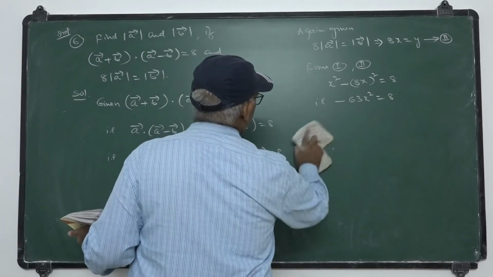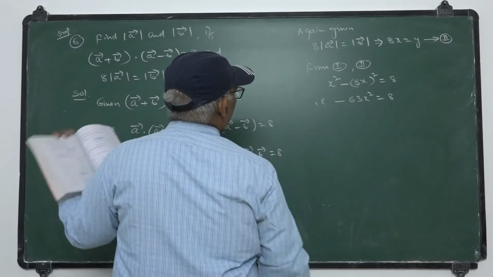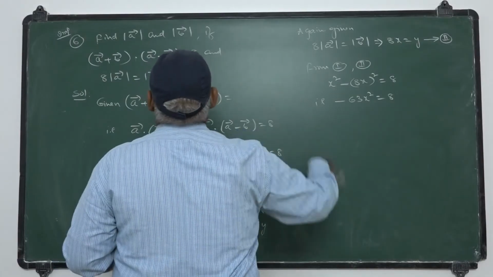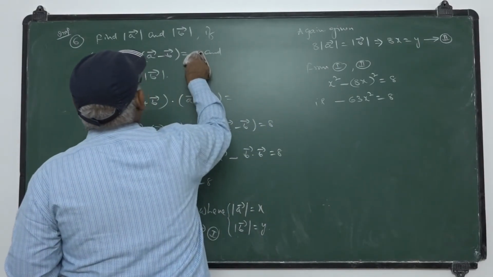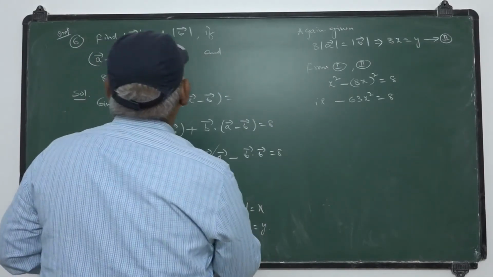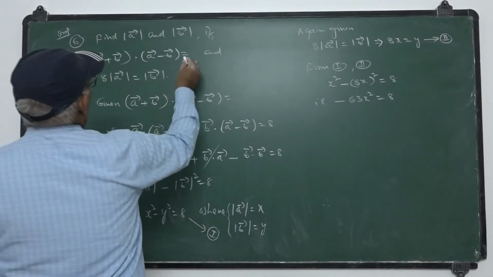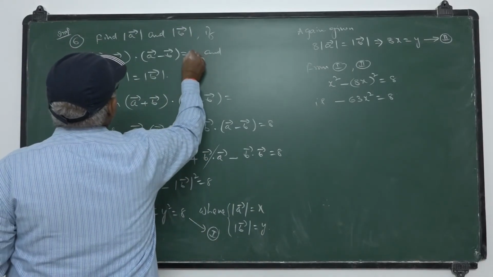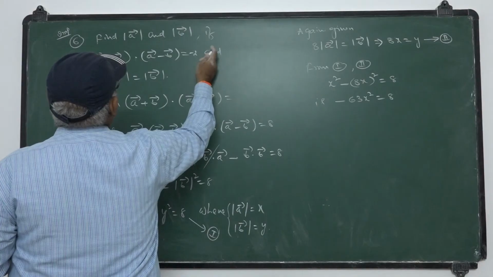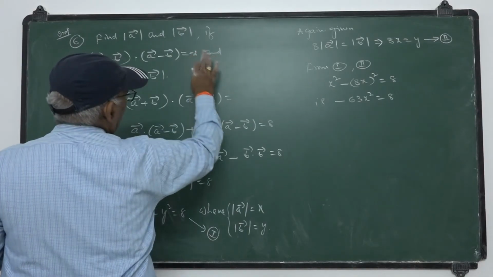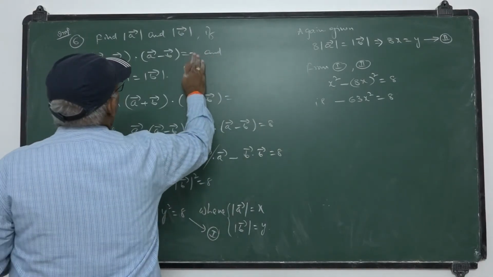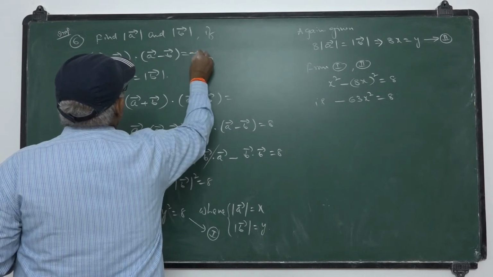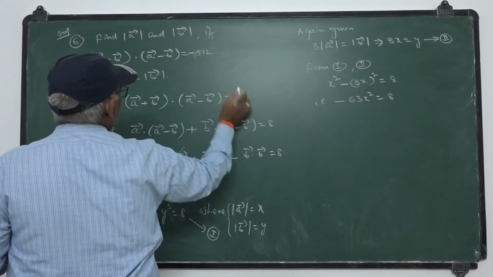I thought that this is minus dot product minus 512. 512 by minus 512. I thought that.